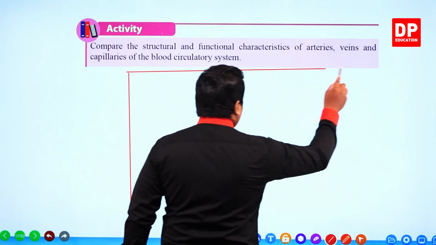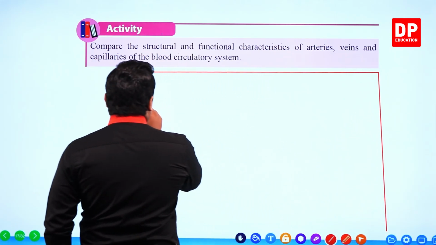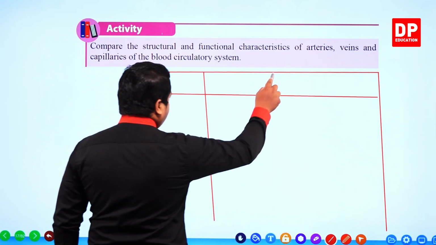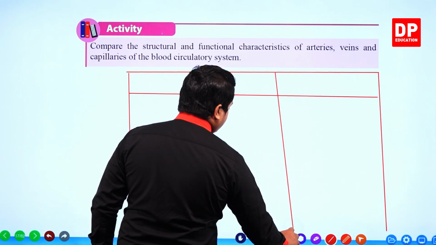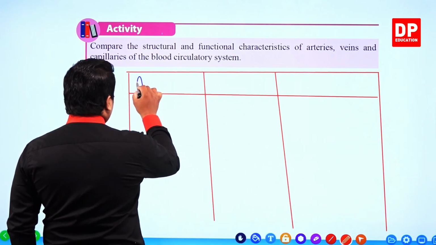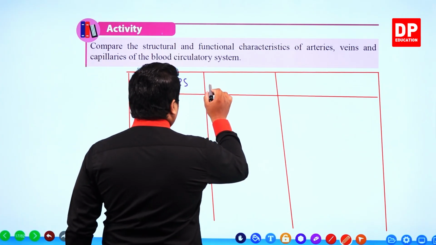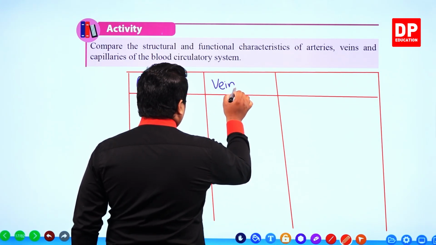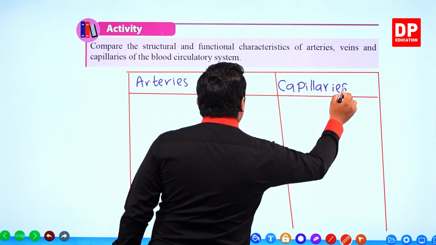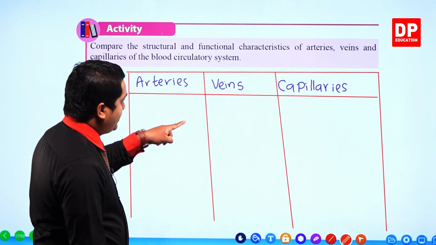If I am going to use a table like this, I can divide it into 3 columns: arteries, veins and capillaries, right?